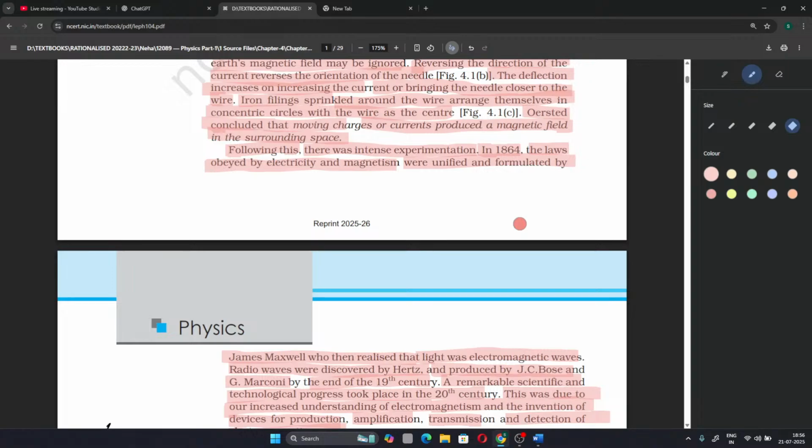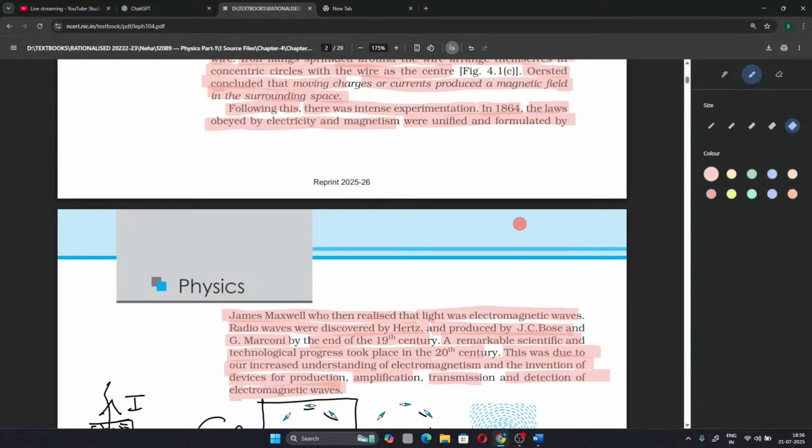The first thing they gave is that in 1864, the laws obeyed by electricity and magnetism were unified and formulated by James Maxwell. He unified the electricity and magnetism laws and formulated them, and he also realized that light was electromagnetic waves.